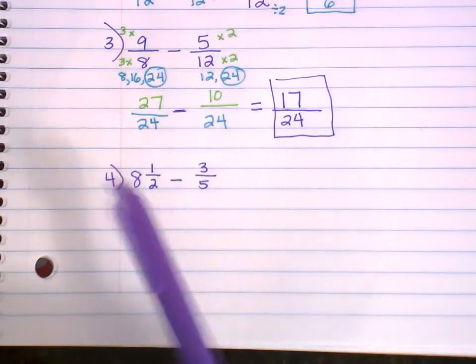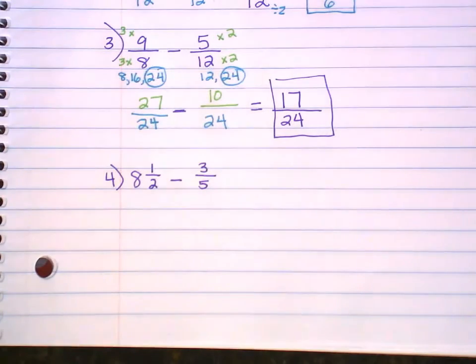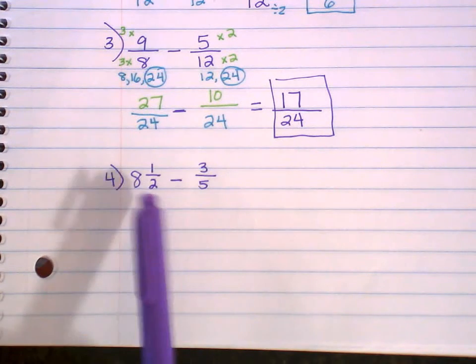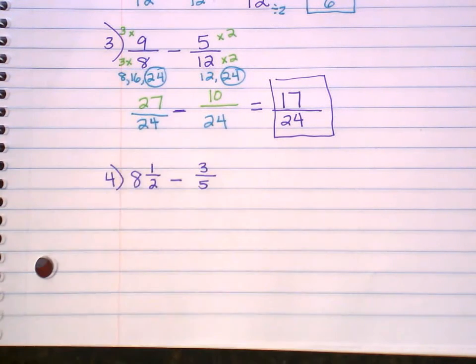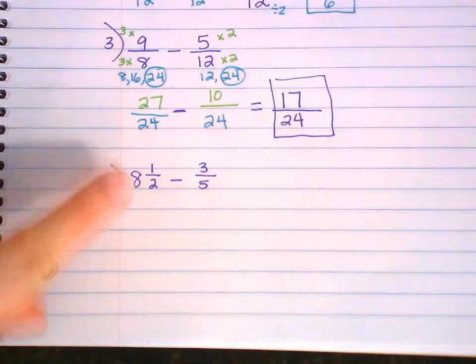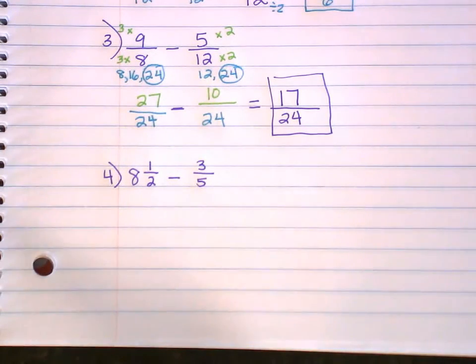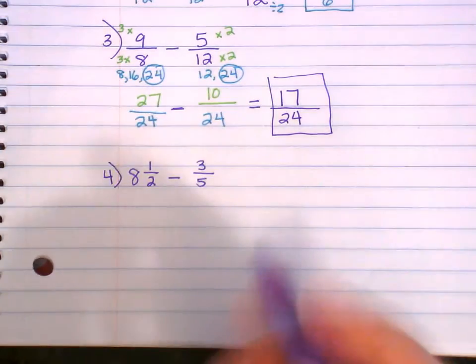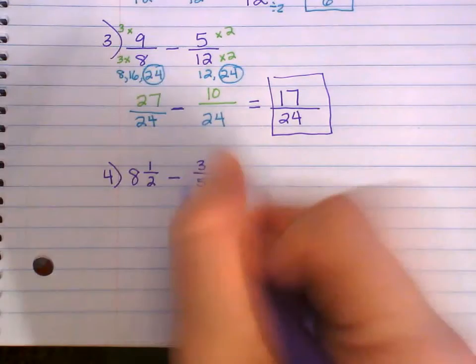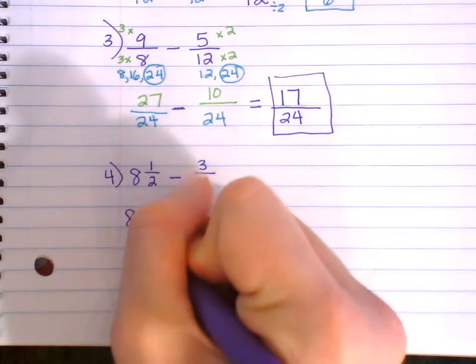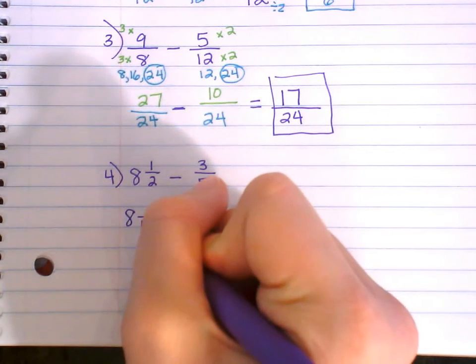Now, we can't just subtract the fractions like we did before. We can't just focus on the whole numbers and focus on the fractions because these fractions don't have the same denominator. So you might think, okay, well, forget the 8. Let's just focus on the fractions. Let's make them have a common denominator. 2 and 5 both go into 10. So I know that 2 times 5 is 10.